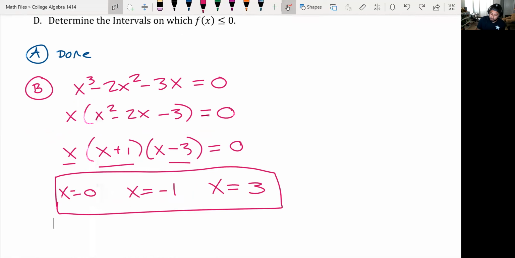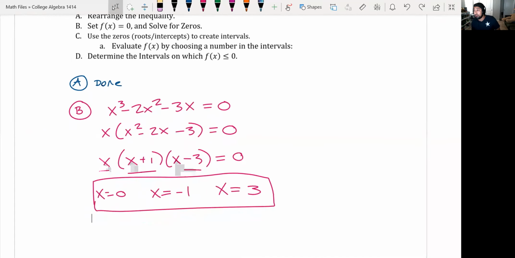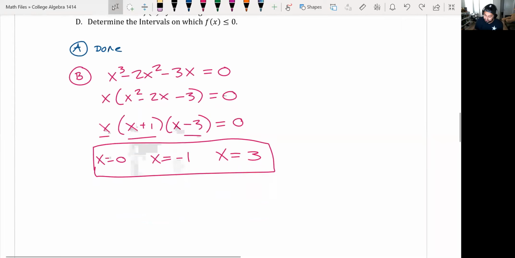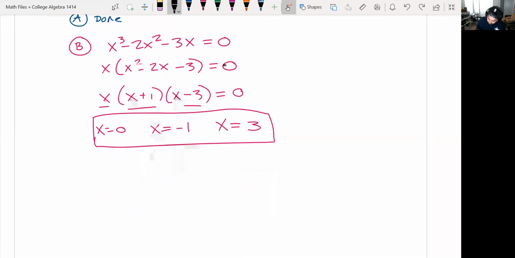We found the zeros. No need to put them into intercept form as an actual coordinate unless MyMathLab asks you to, but there's no need right now. Okay, step C. Use these zeros, the roots, the intercepts, to create intervals on a number line. Here's my number line, negative infinity to infinity.